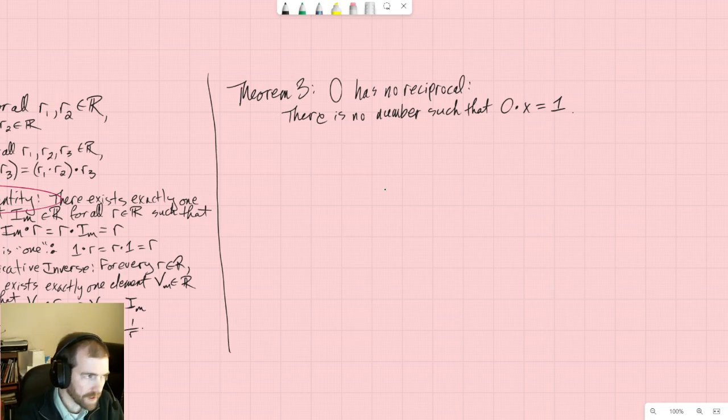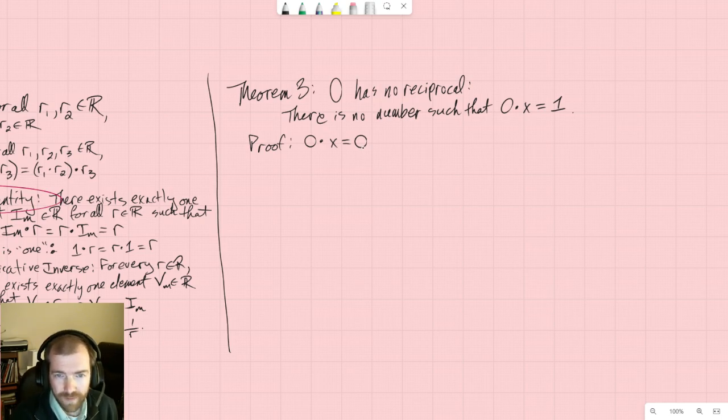Alright, so I'm thinking here that this is as easy as it looks. The proof on this one is going to be just that 0 times x is going to be equal to 0 for all x in the real numbers.